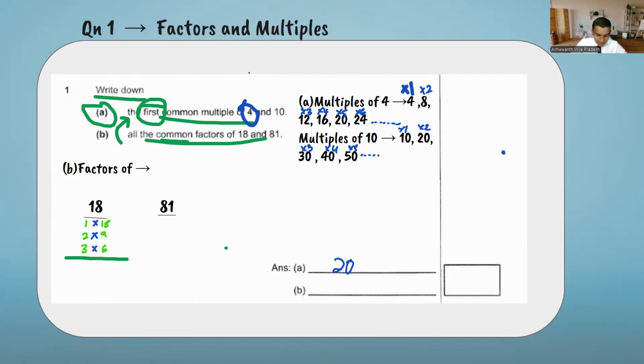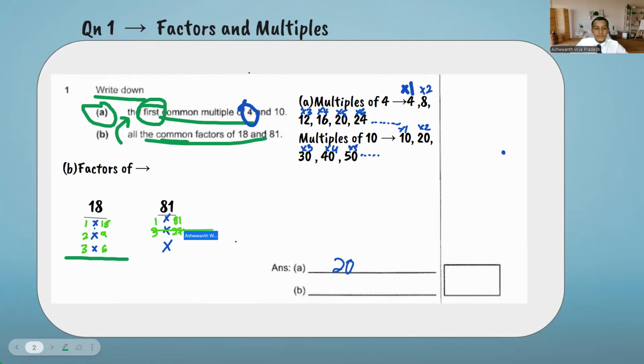Now let's look at 81. 81 might be kind of tricky because it's a bigger number, but you need to know the factors. Same thing, we do 3. So we have 1 times 81. No, 2. It's 3 times 27, if I'm not wrong.